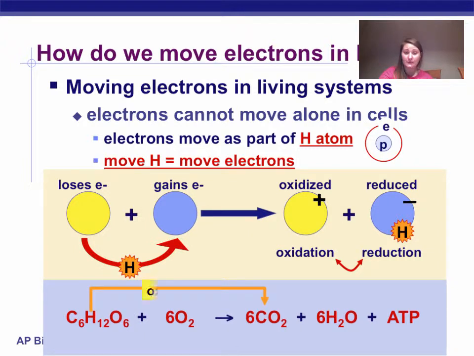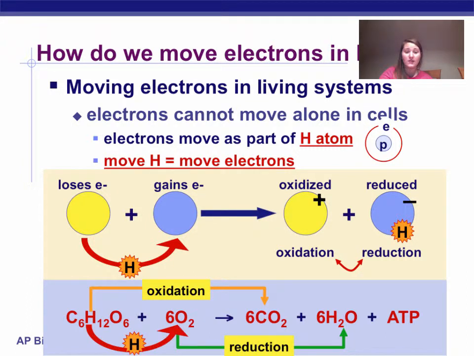In this example, you have the glucose being oxidized as well as the oxygen being reduced. There's movement of the hydrogen atoms from the glucose to the oxygen to create a molecule of water.